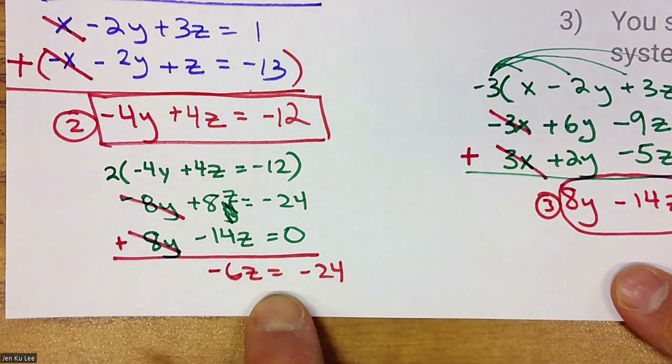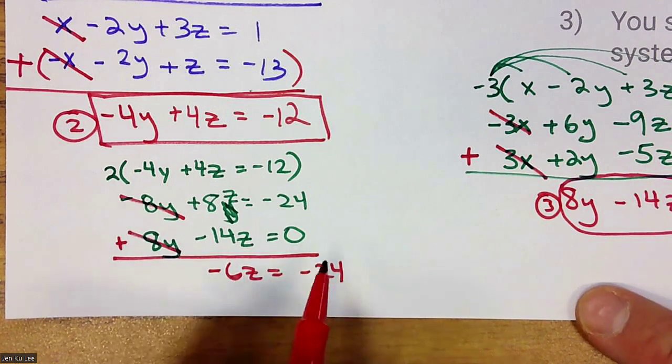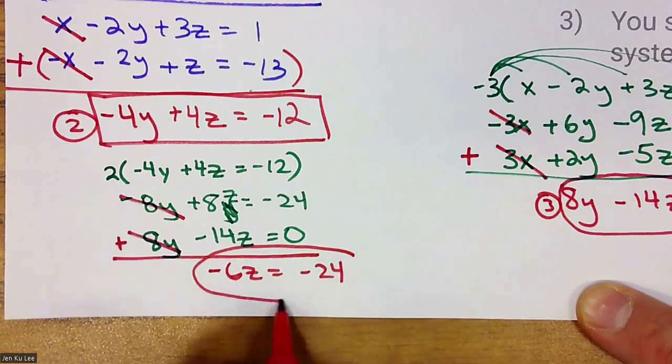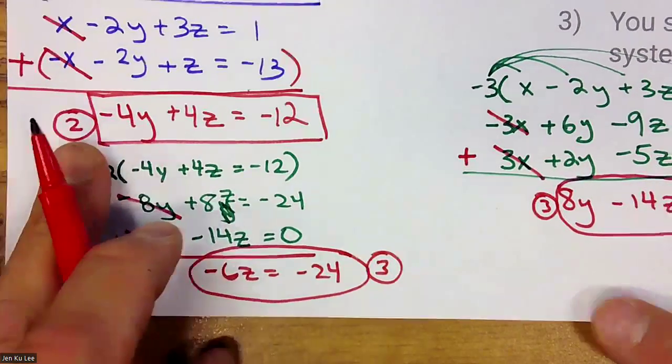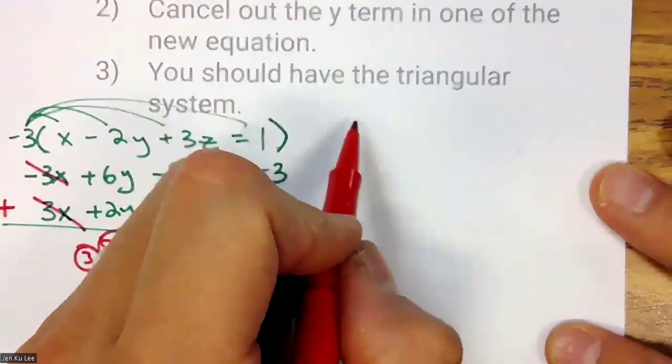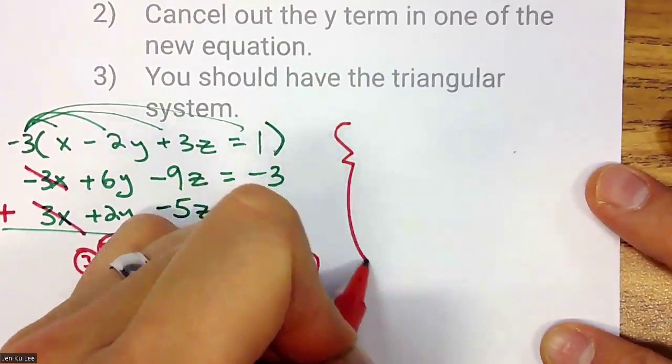Now I can go ahead and solve this for z, right? So this is my new third equation.